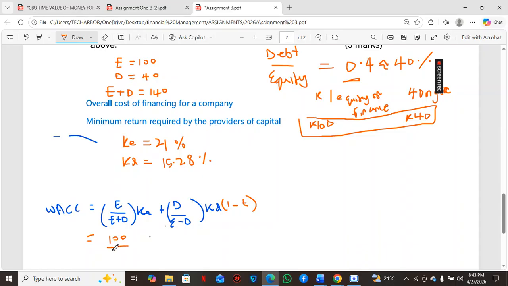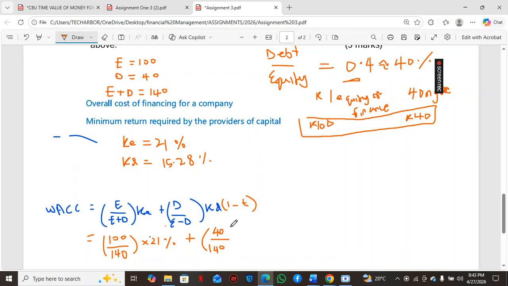So 100 over 140, times the cost of equity, 21%, plus for debt, 40 over 140, times 15.28%.